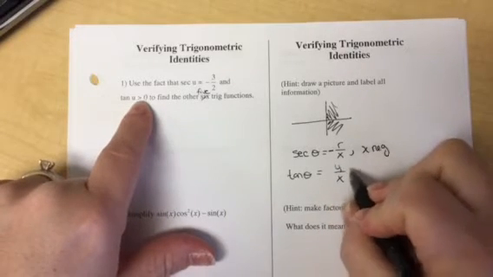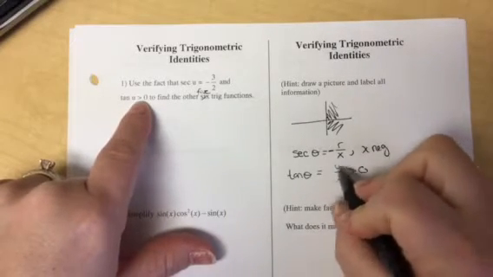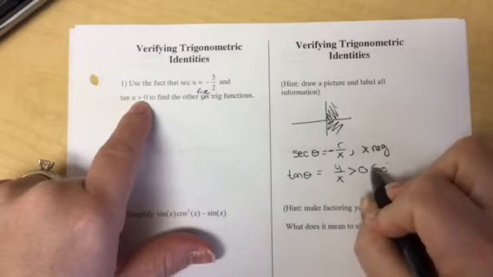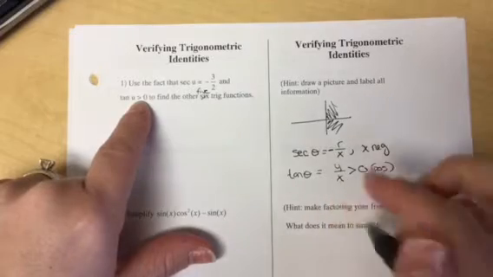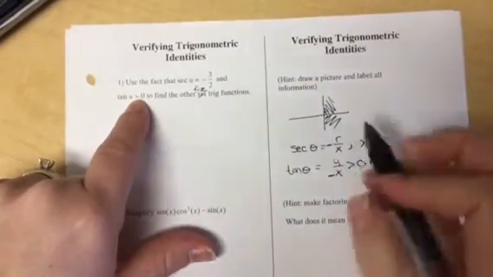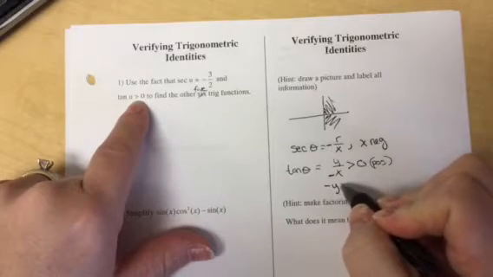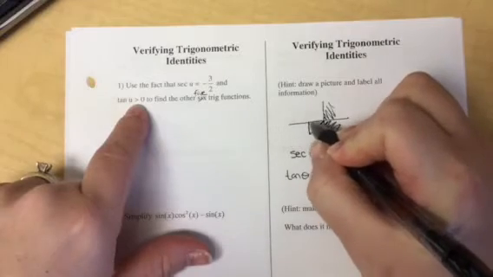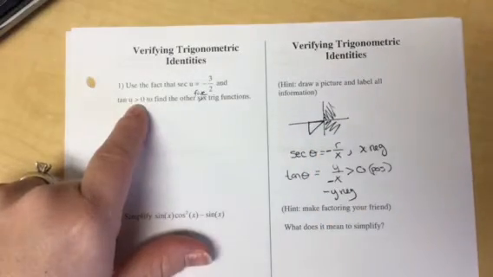And for y over x to be greater than 0, that means y divided by x is positive. So if this is positive, and we know that x is negative, then y also has to be negative, which means I have to draw my triangle in the bottom third quadrant, because that's where x and y are both negative.